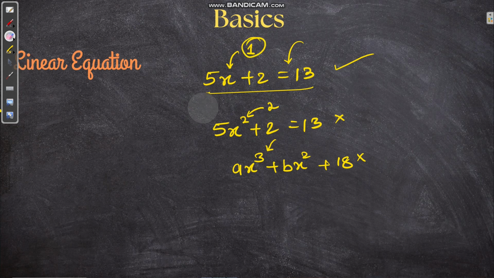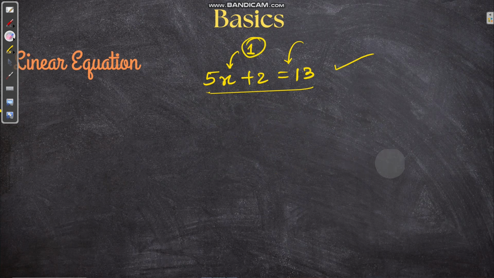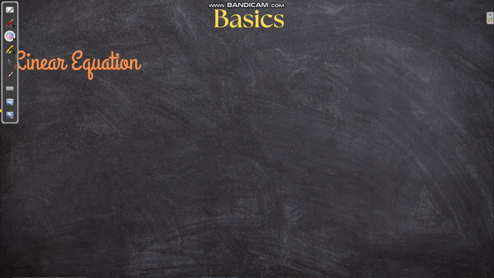So whenever you have a variable with power 1, it's a linear equation. If your power is not 1, for example 6x square minus 3 is equal to 10, the power is not 1, so it's not a linear equation.